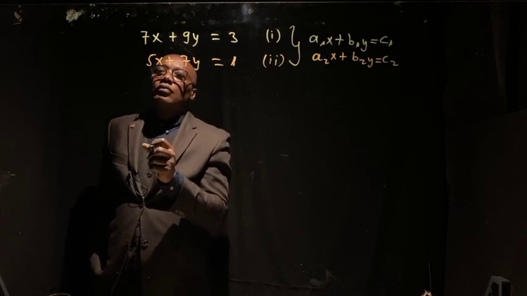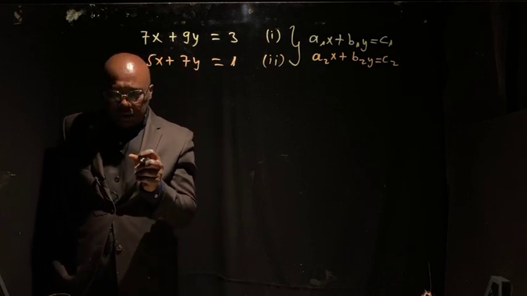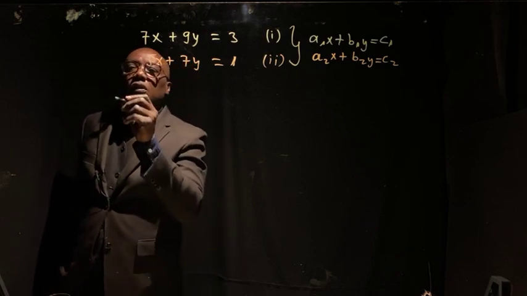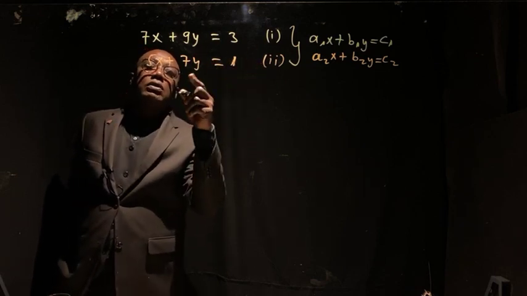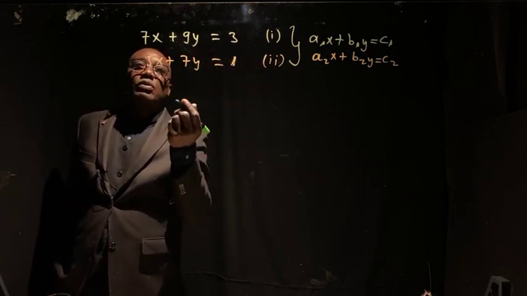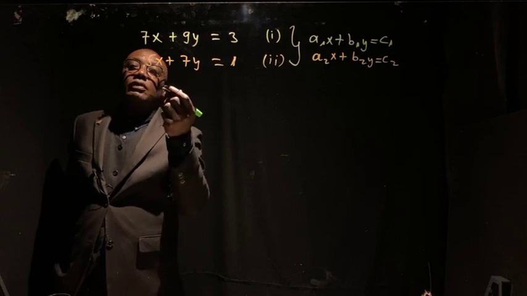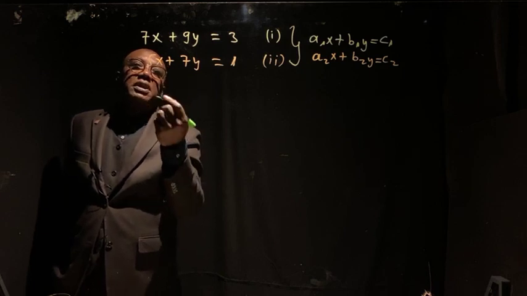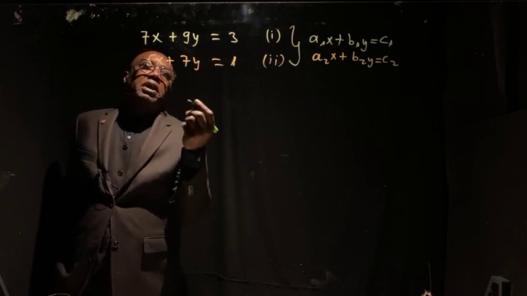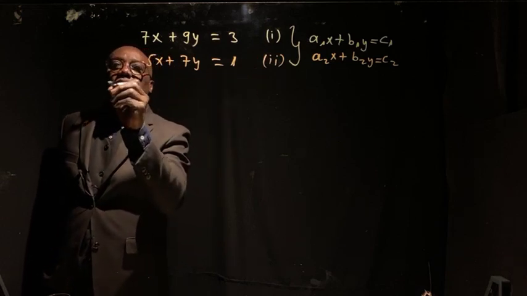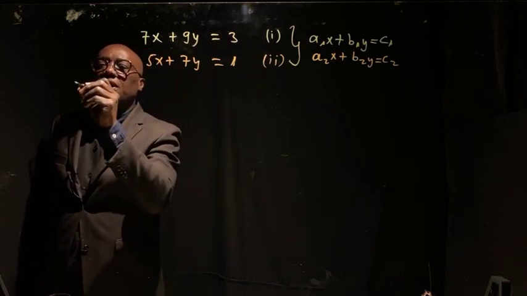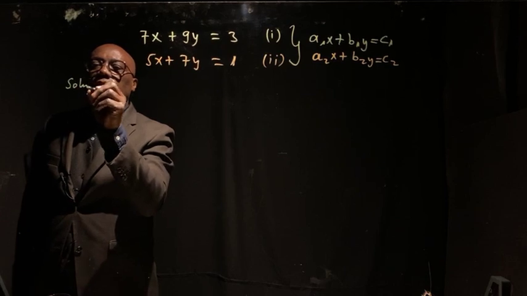Now, if we are going to use the substitution approach, then look here. I can pick either equation 1 or equation 2, whichever is possible, but it is expedient maybe to take the first equation. I'll begin by saying solution.